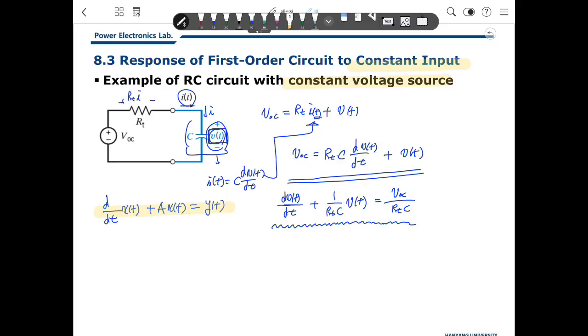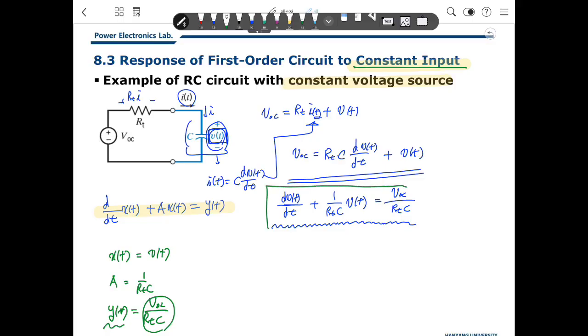In the same way, x(t) is v(t), a is 1 over RC, and y(t) is V_OC over RC. Because we use a constant input, y(t) is constant. So this is a first-order differential equation.